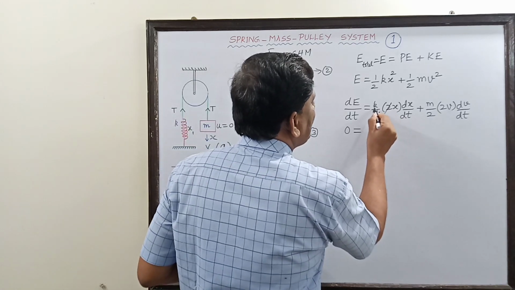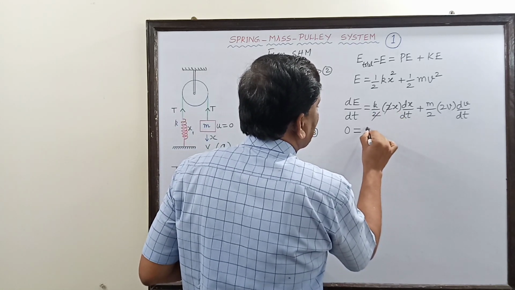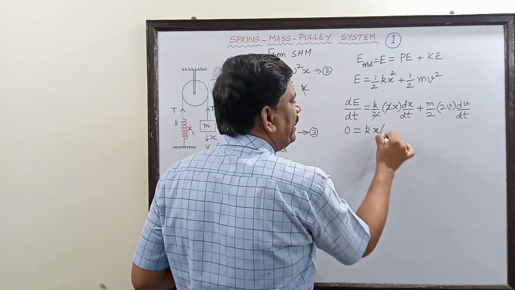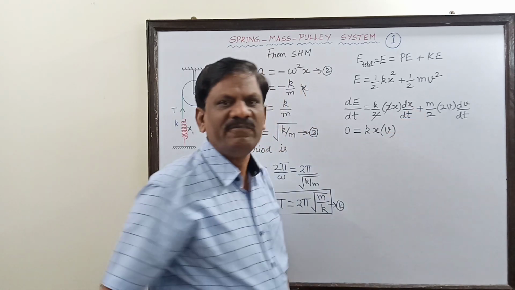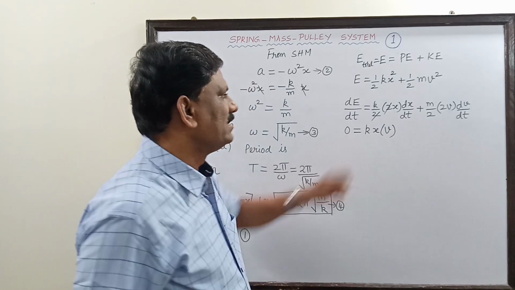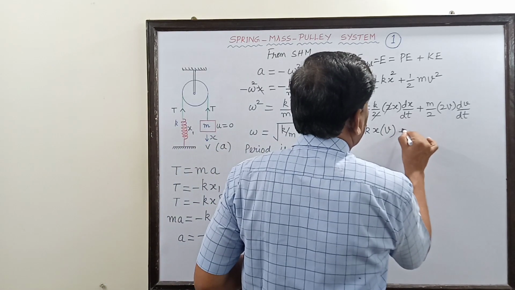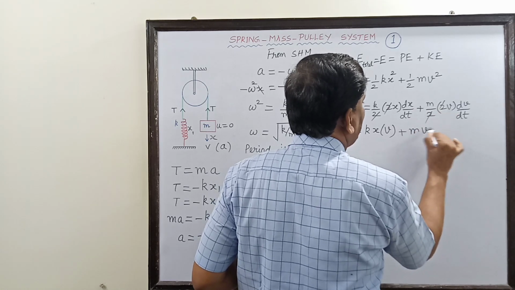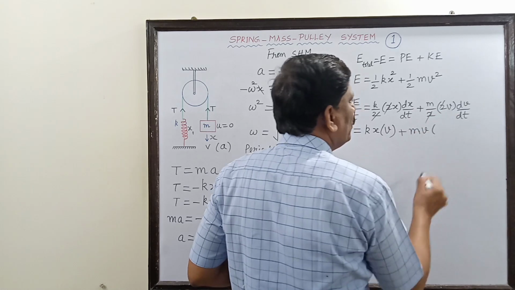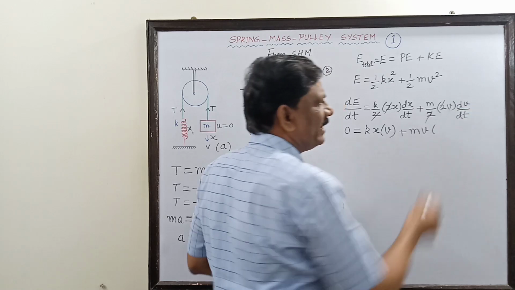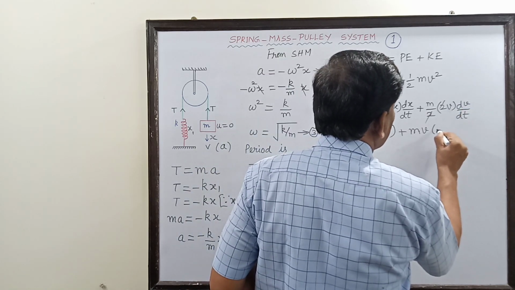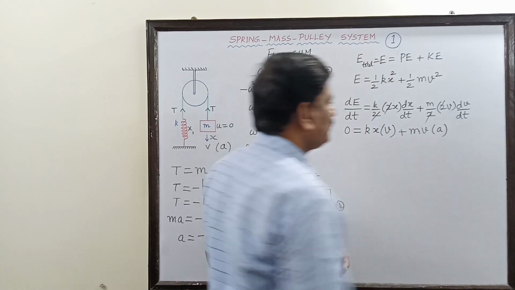So this is k into x into dx by dt, which is nothing but the velocity v. Understand? Plus here also 2 and 2 get cancelled, m into v into dv by dt, which is the rate of change of velocity, is it not? So rate of change of velocity is equal to acceleration.